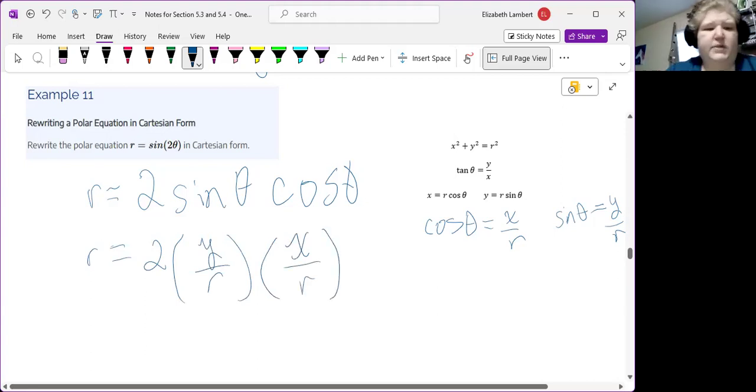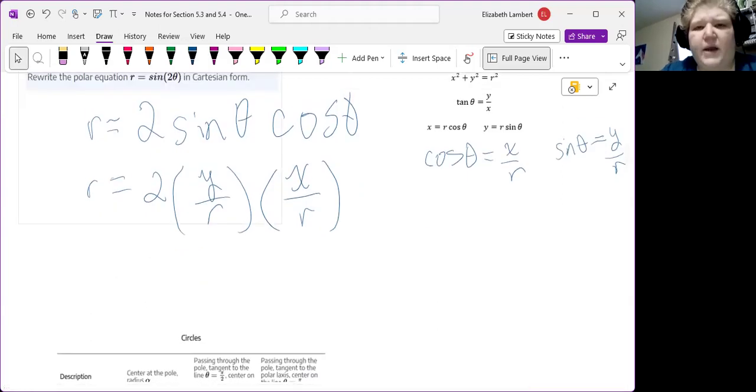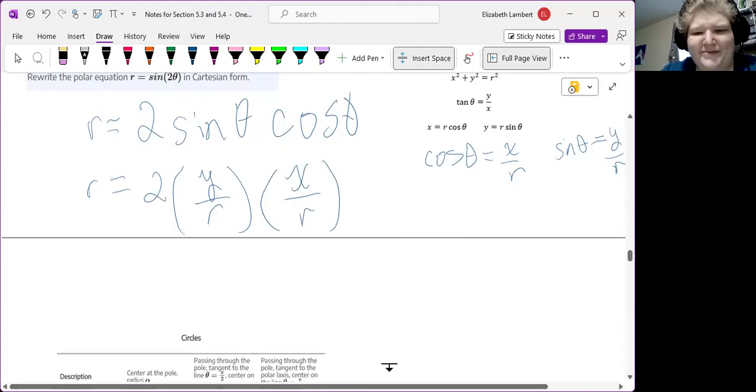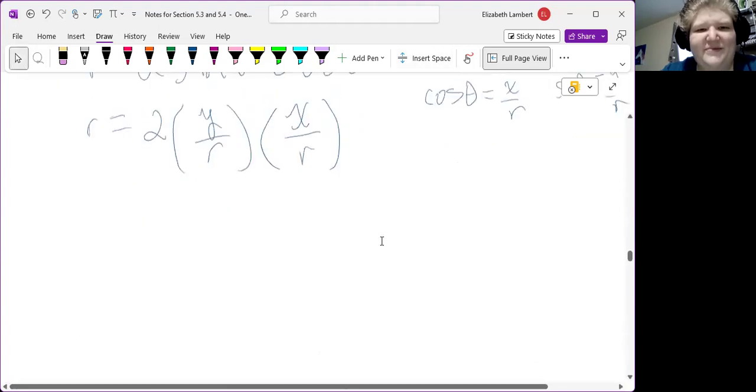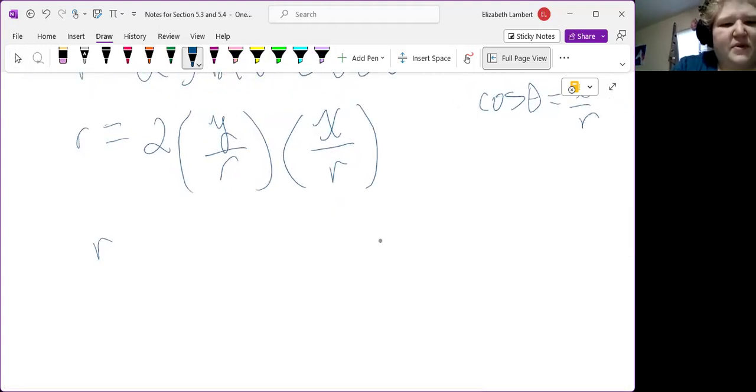All right, so I have to learn how to write smaller. So we have r equals 2xy over r squared.